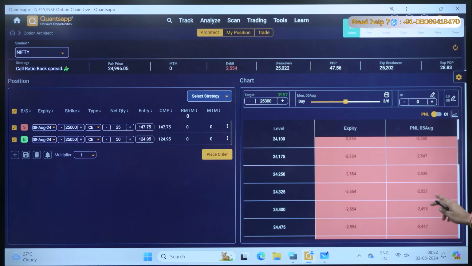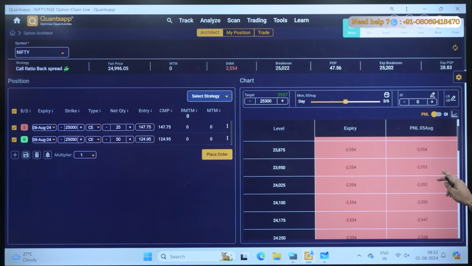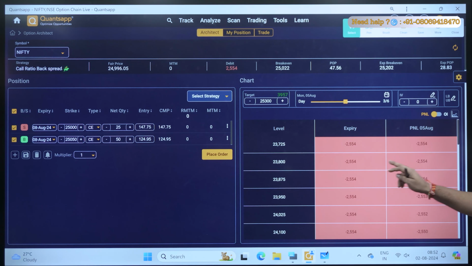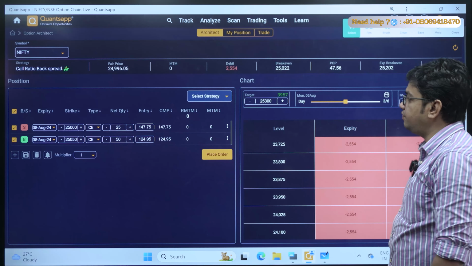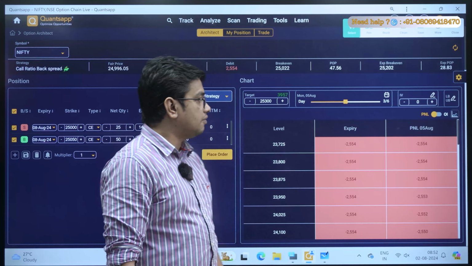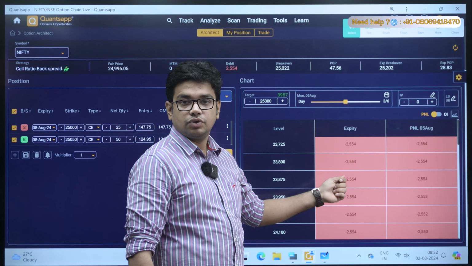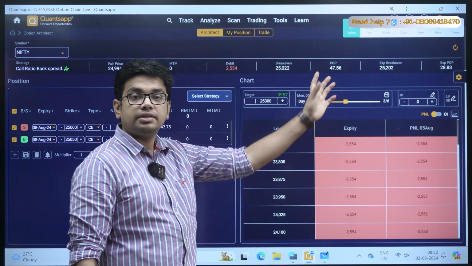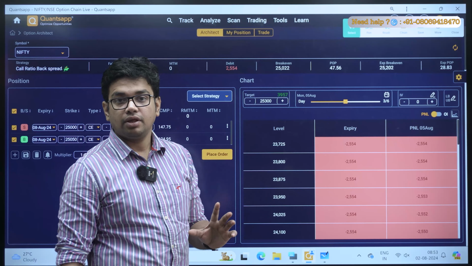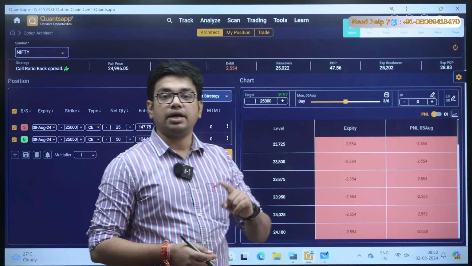But here you can see the maximum loss I am making over here is -2,554. That means I will not make more than this loss. My losses will be defined, that this much loss I can make. So while considering the option strategy I will consider my risk reward.